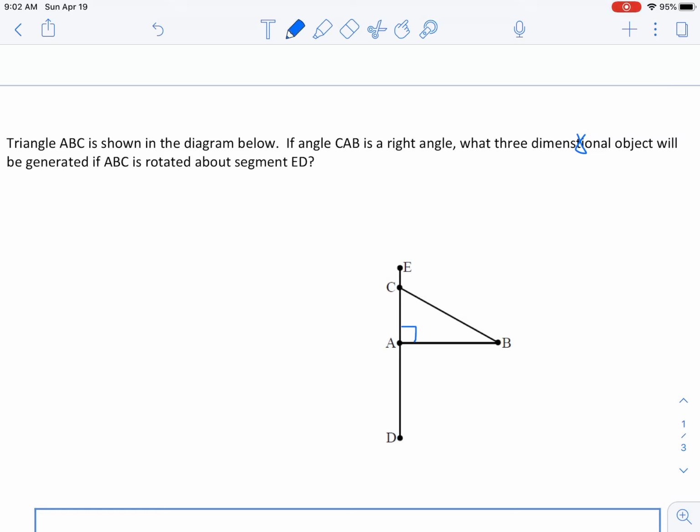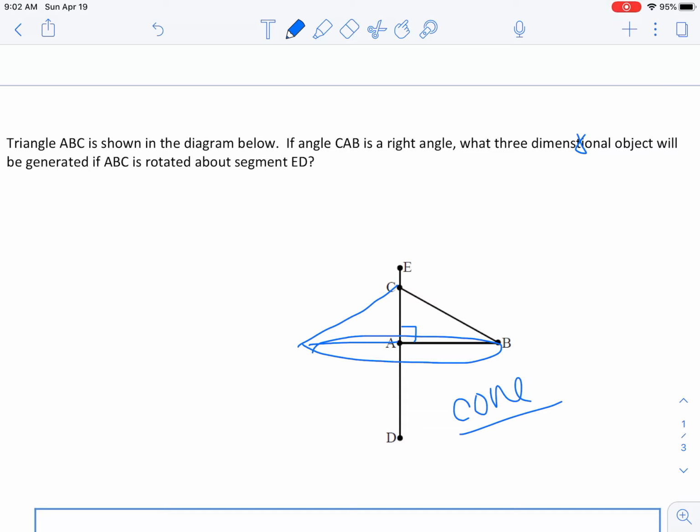I mean, hopefully, and the hint is, we're doing cones today. Hopefully you see that it would end up forming a cone. There would be a circular base, and it would be like a mirror image over here: circular base on bottom, go up to a vertex on top, and it should create a cone.